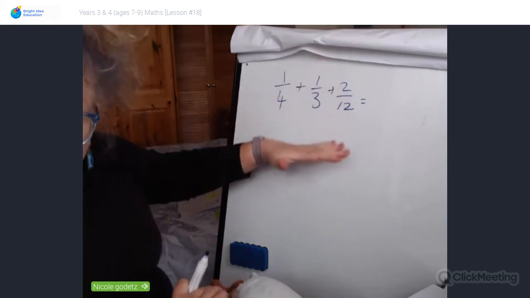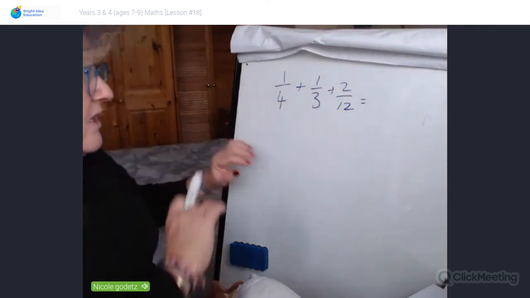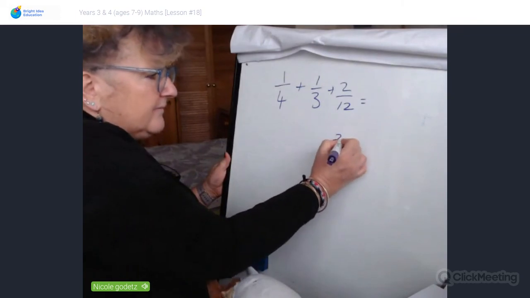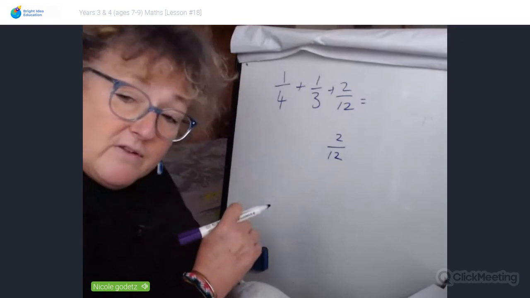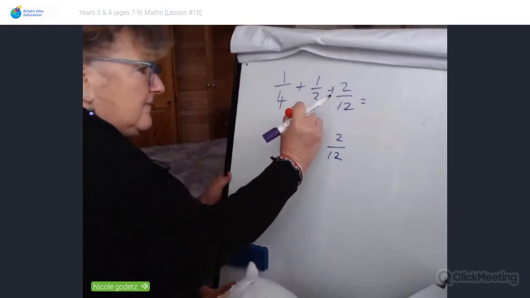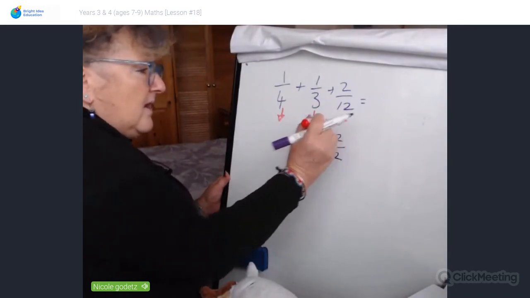So I can make them have the same denominator. 12 I don't need to change. So 12 can stay as 12. Okay, the two 12s can stay the same. Yeah, but I have to make the third and the quarter into 12ths. I have to make those two into 12ths. So 12 just stays the same.